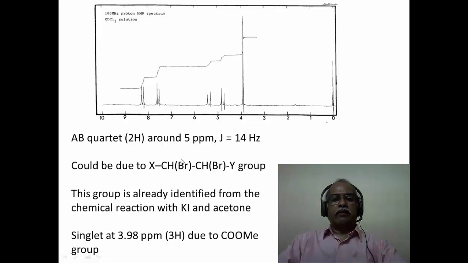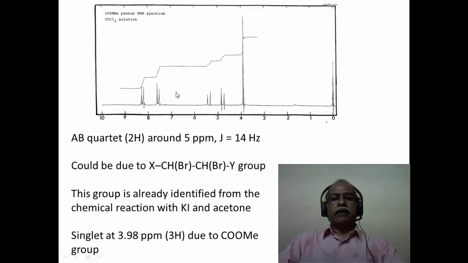This group is already identified from the chemical reaction using potassium iodide and acetone, so it is not unreasonable to assume that this multiplet, which is an AB quartet kind of multiplet, corresponds to this particular group here. The chemical environment of this particular hydrogen probably is such that it comes at a higher delta value compared to this particular hydrogen, which comes at a lower delta value.